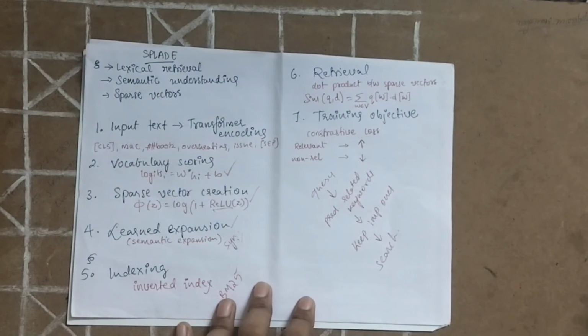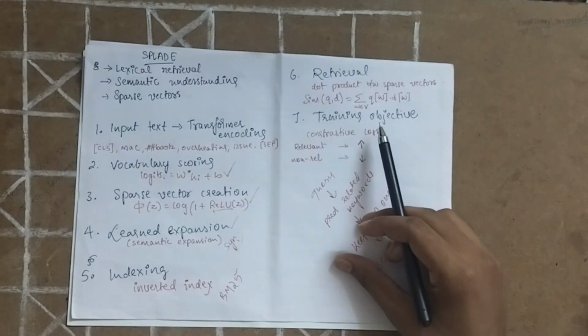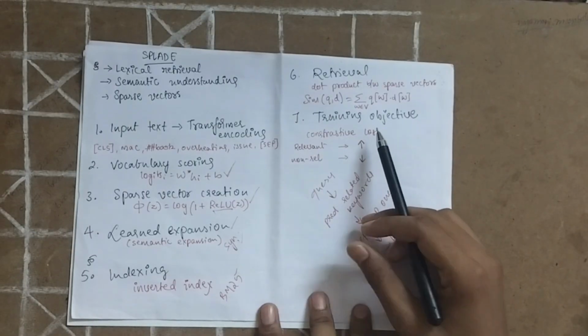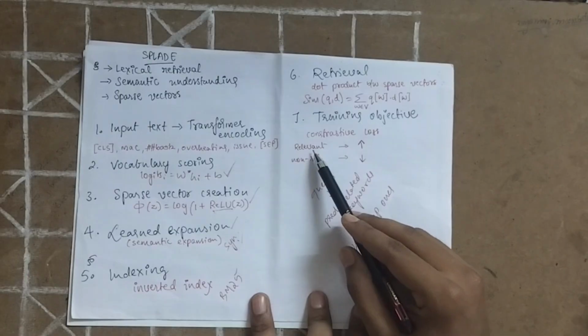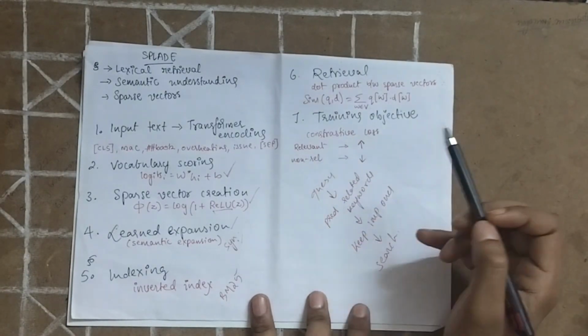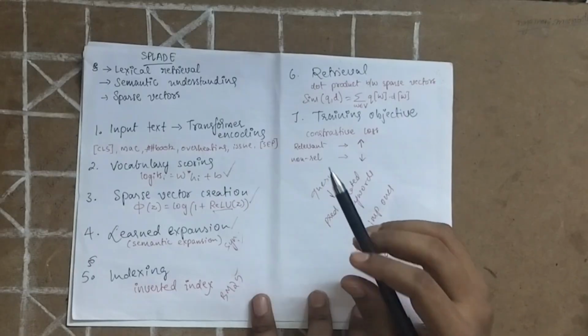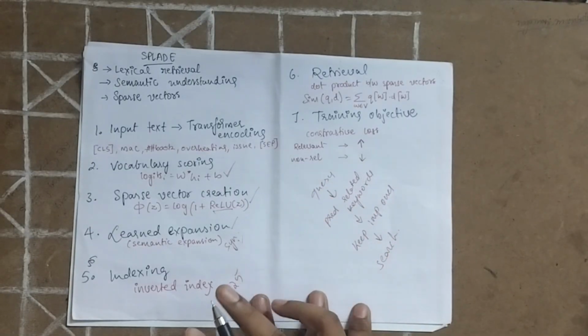And the training objective is a contrastive loss. Given a query, the relevant documents have higher similarity scores, and the irrelevant documents have lower similarity scores, and the loss pushes these scores as far away from each other as possible, right?